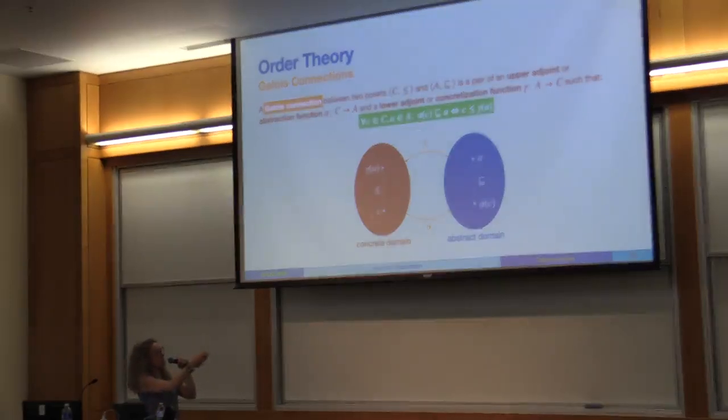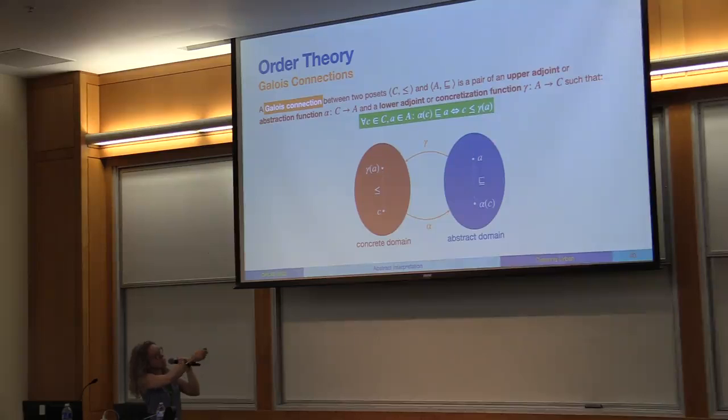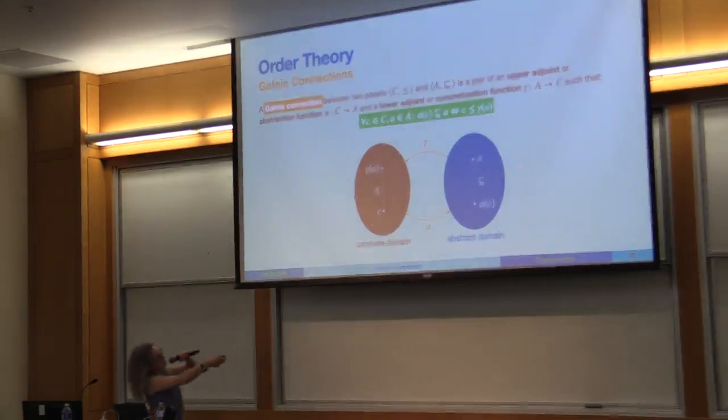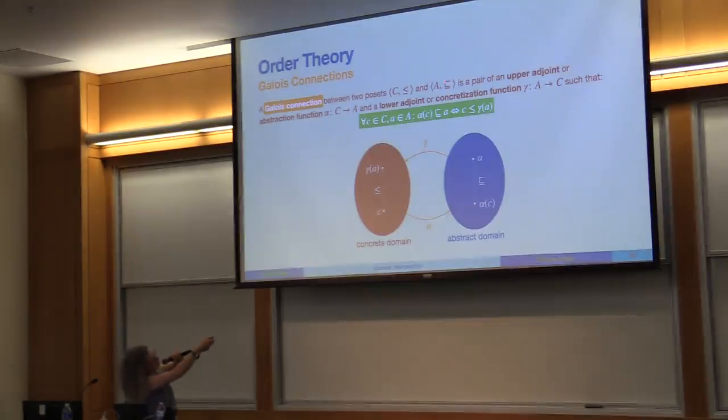So essentially, when we have a concrete element here, we abstract it. Okay, sorry. Whenever we take an abstraction of an element, this one is smaller than an abstract element whose concretization is bigger than this one. How do I explain this? Well, okay.